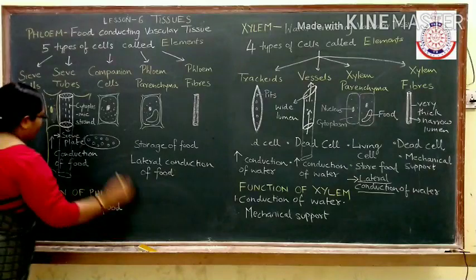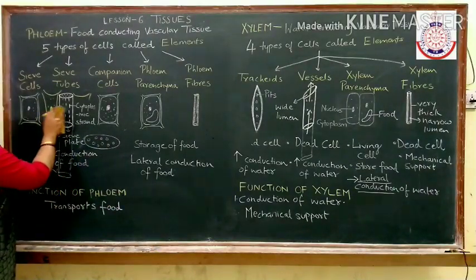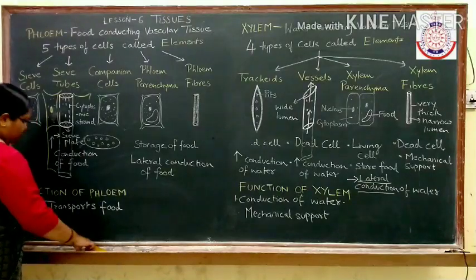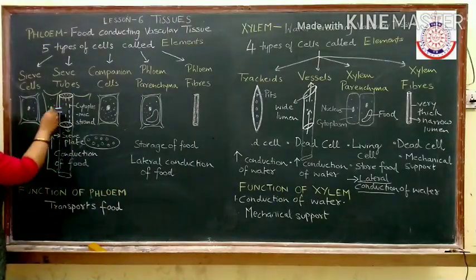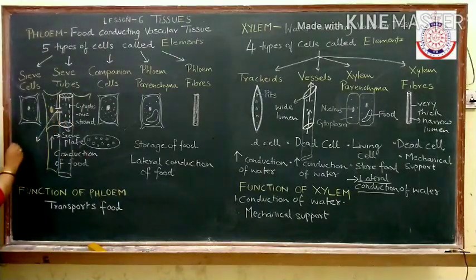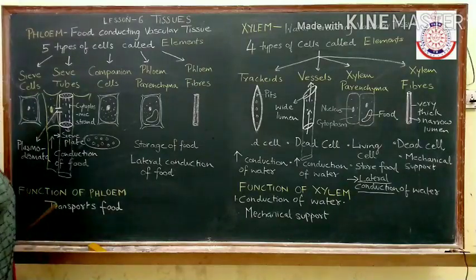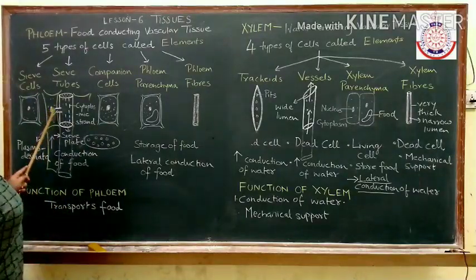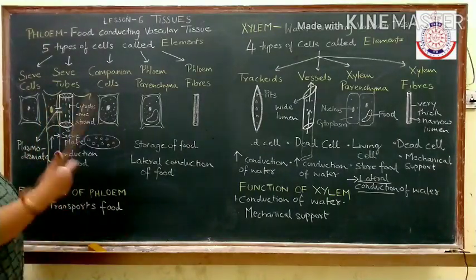Sieve tube and companion cells are connected with each other through a structure known as plasmodesmata. You can say a door is present in between, like two rooms.